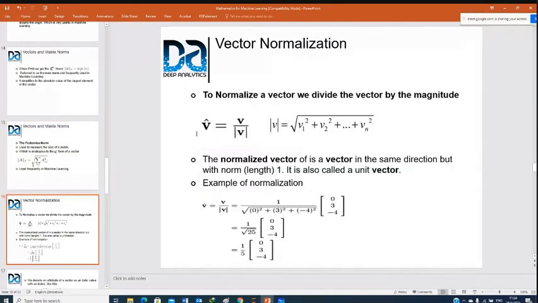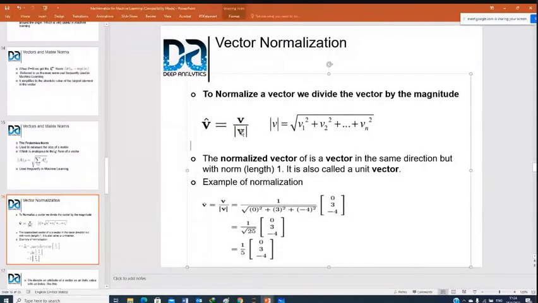And then to normalize a vector, we divide the vector by the magnitude, right? So the normalized vector is the vector divided by its norm, sorry, we divide by its magnitude.